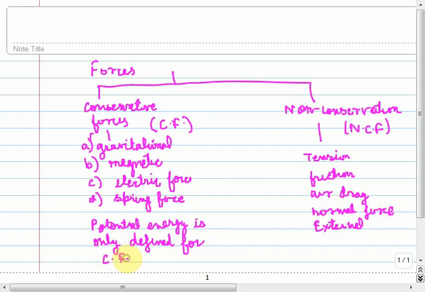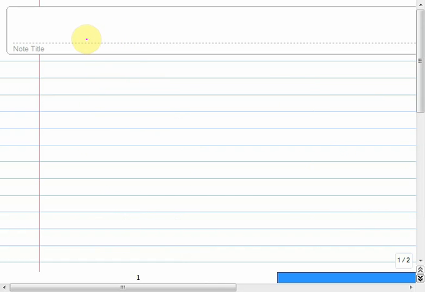That is, wherever you see a potential energy, only these kinds of forces, gravitational force, magnetic force, electric force, and spring force, will be acting on the body.